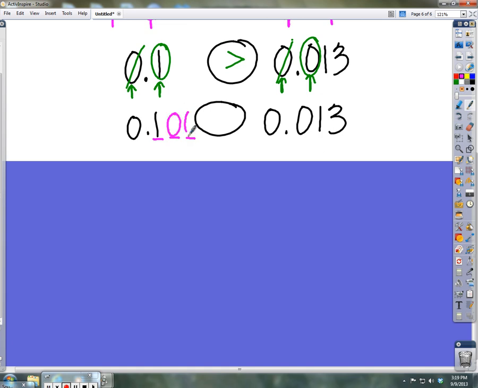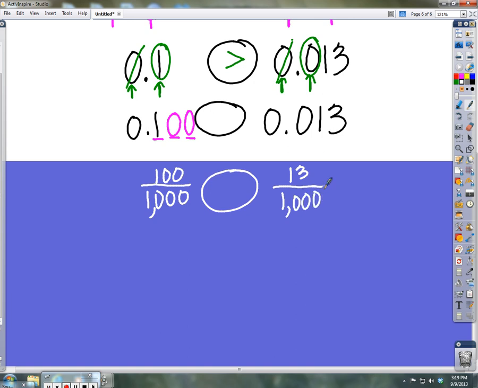And if you remember, what we've learned in the past is when you add zeros to the end of a decimal number, it does not change its value. Now, if I turn this into a fraction, 100 thousandths, so 100 over 1,000, compared to 13 thousandths, 13 over 1,000.